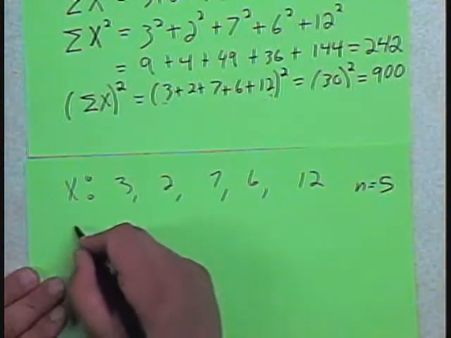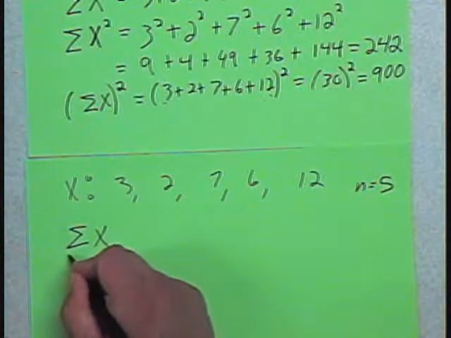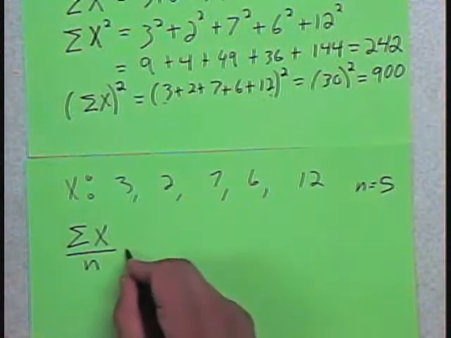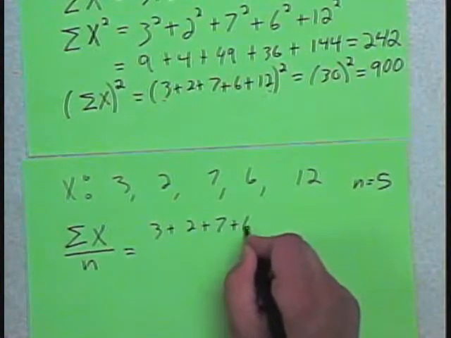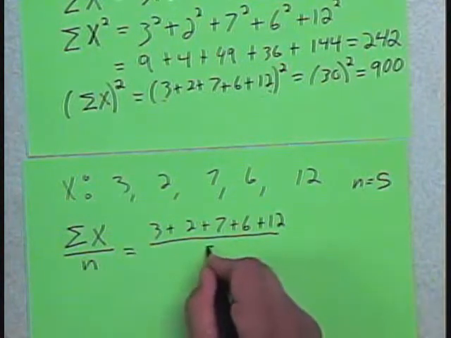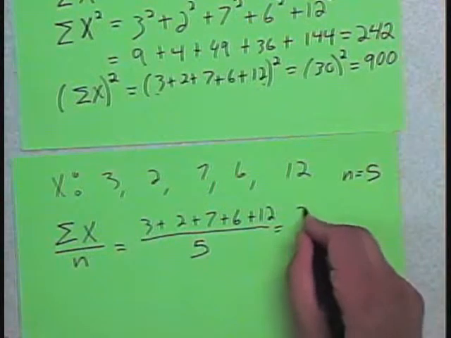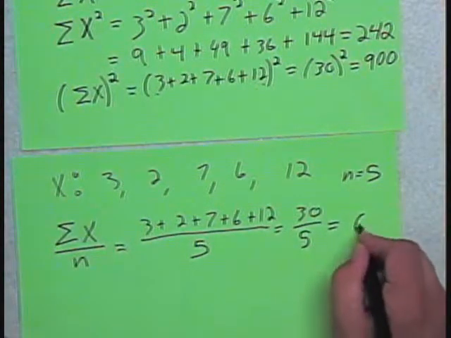What I could do is put this together: sum of X, divided by n. What that means is add up all the numbers in the data set, and then divide by n, which is 5. So this would be 30 divided by 5, and that would give me 6.